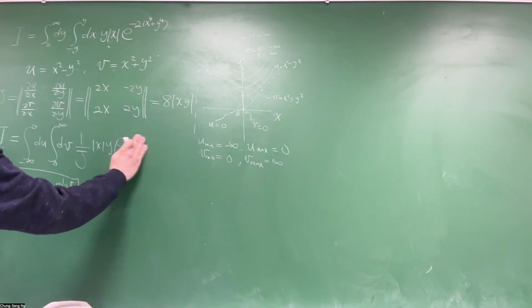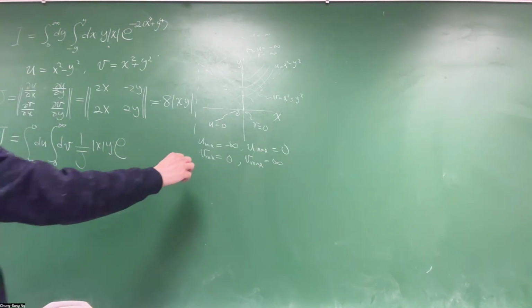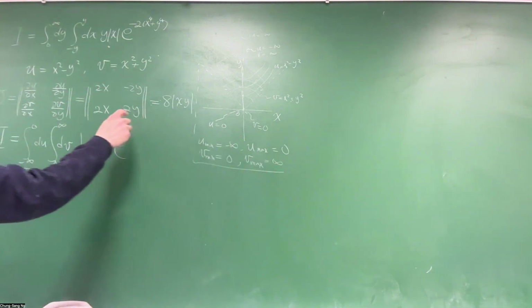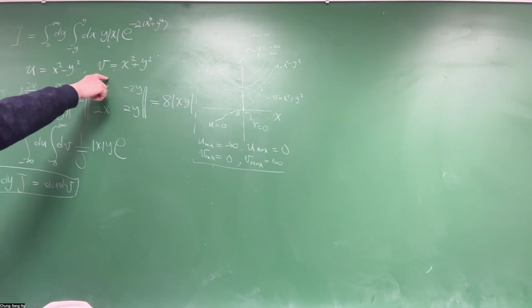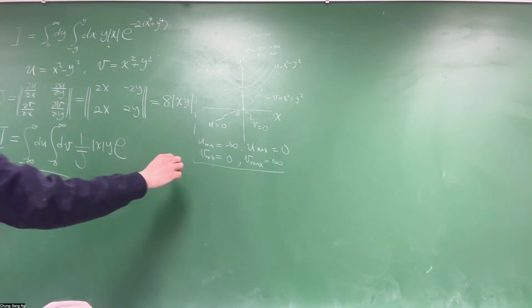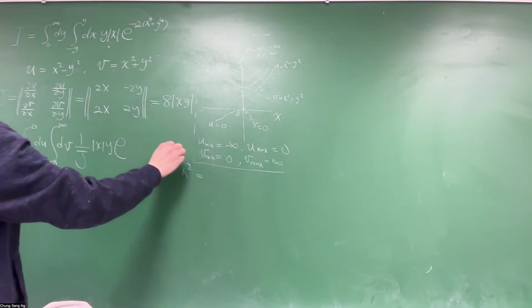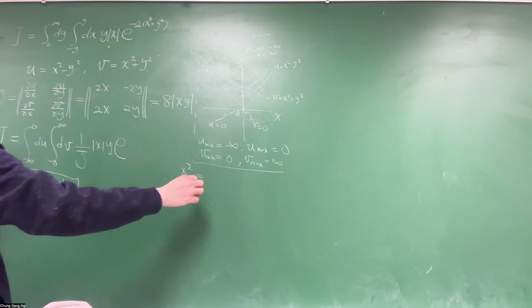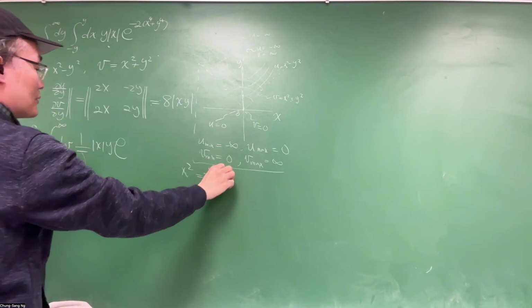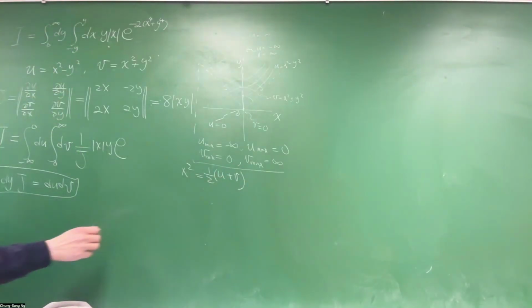One more thing is this. We need to figure out what this is. It shouldn't be too difficult because we can first just solve for x squared and y squared in terms of u and v. So x squared obviously is, you add the two and divide by 2, which gives you x squared. So then we have u plus v, right?